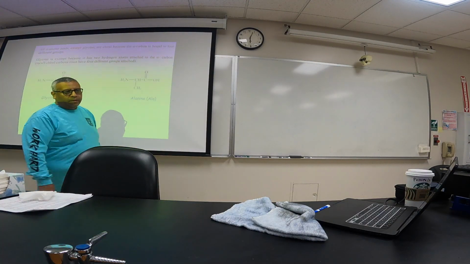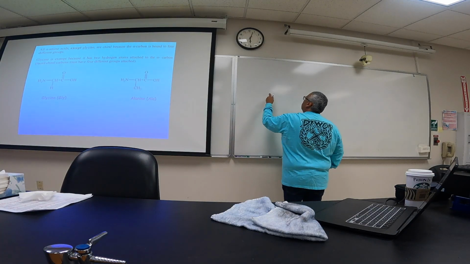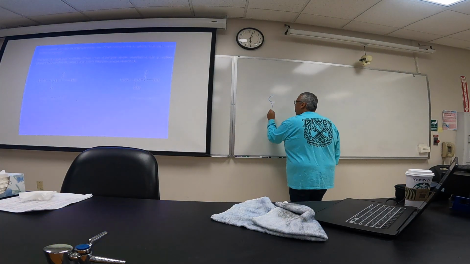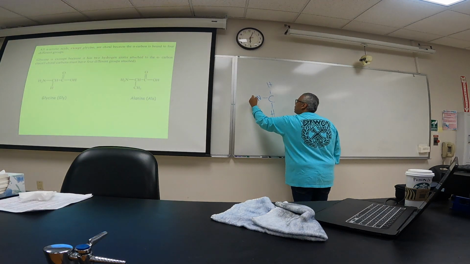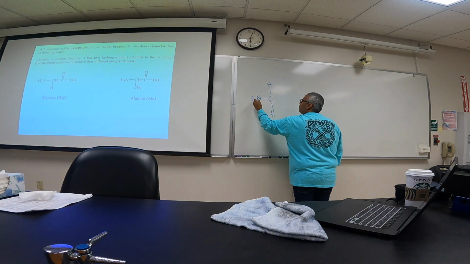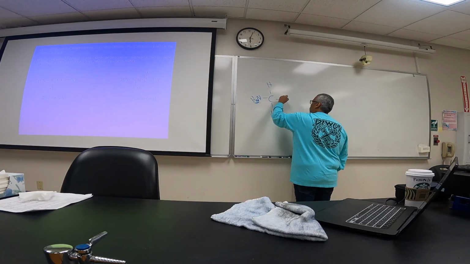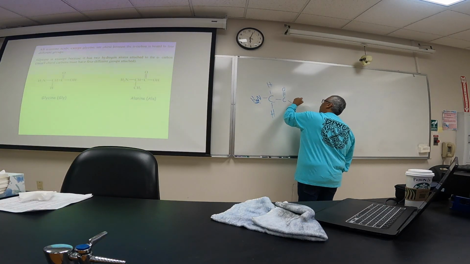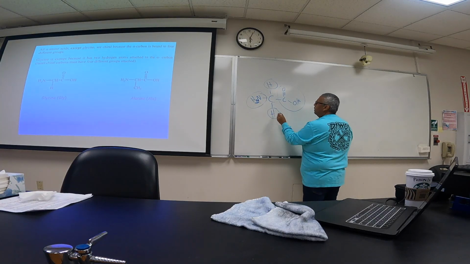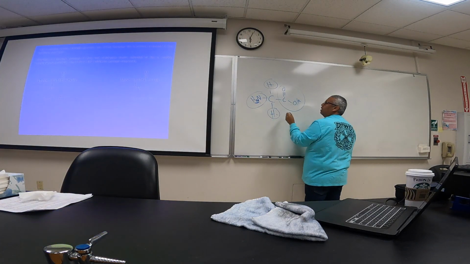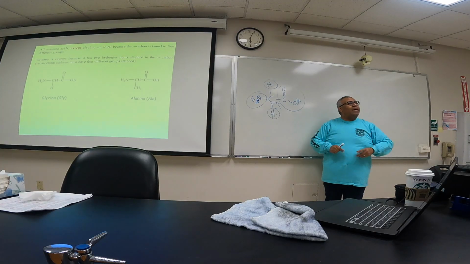Let me draw it out in expanded structural form so we can make sure that we see that here. So here's carbon, it's bonded to this hydrogen, it's bonded to this hydrogen, and then it's bonded to this amine group here, and then it's bonded to the carboxylic acid. Because these two are the same, this is not a chiral carbon. This is in fact achiral.